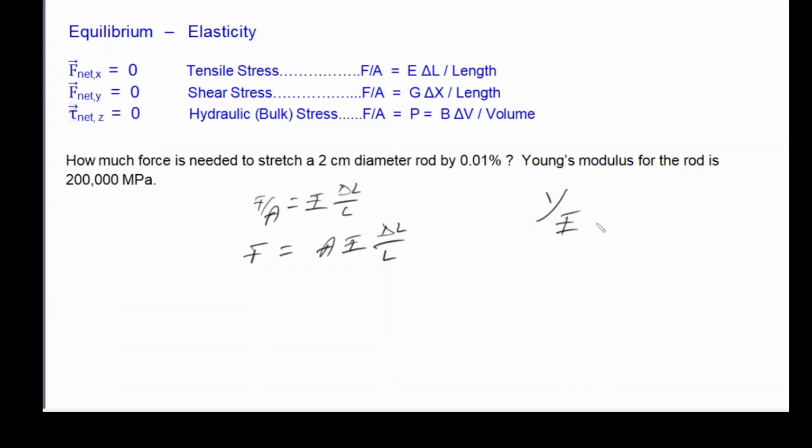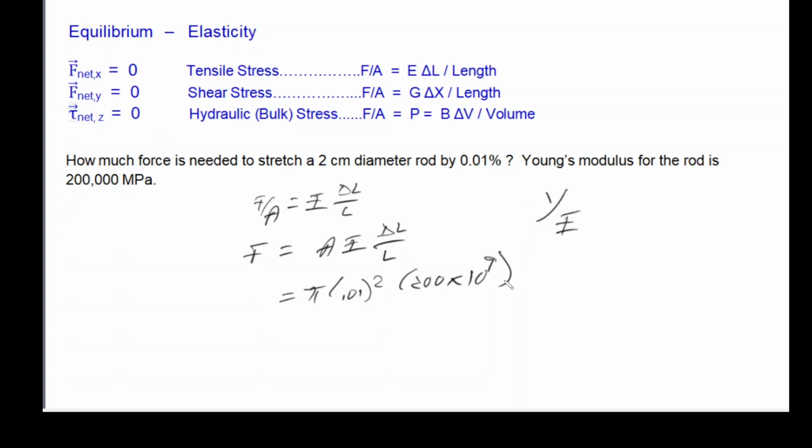So if we substitute what we know into this equation, area is pi times r squared, which would be 0.01 squared, times E, which is 200 times 10 to the 9th Pascal, times delta L over L.